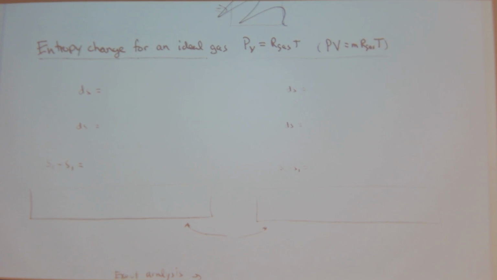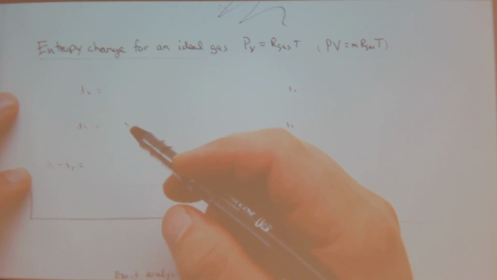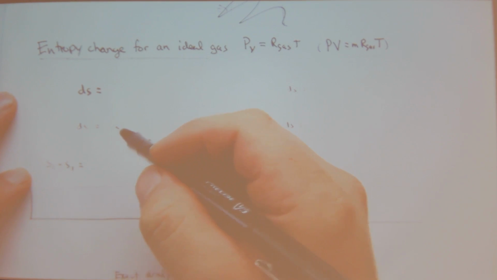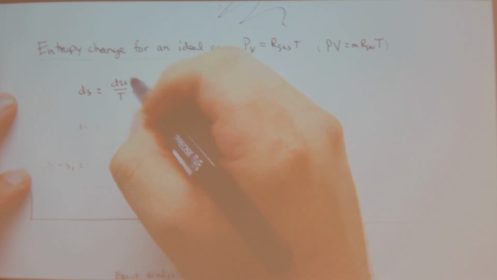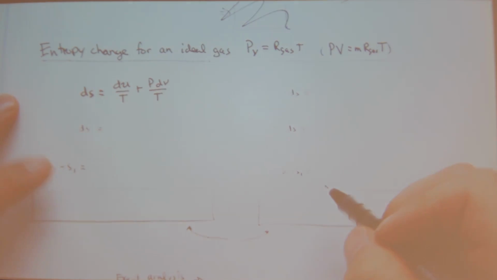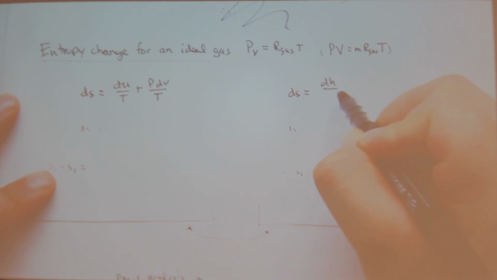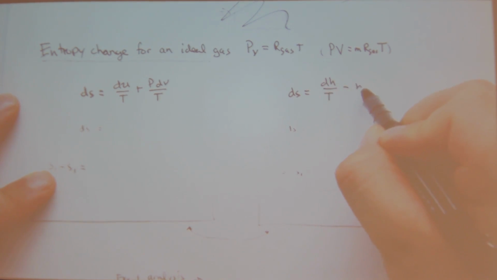I can write it in both forms. So let's write out the first TDS. Let's do also the second TDS side by side.